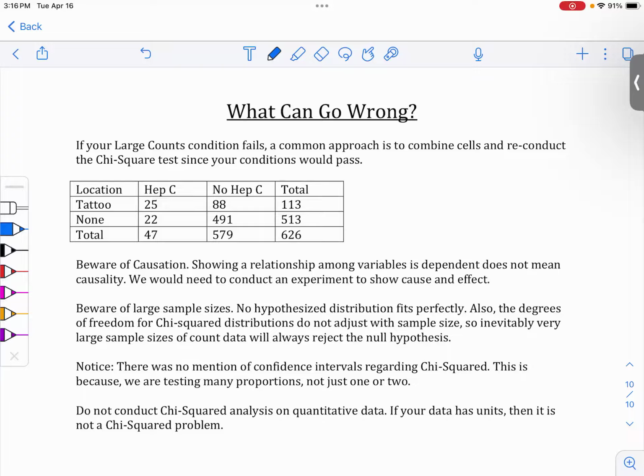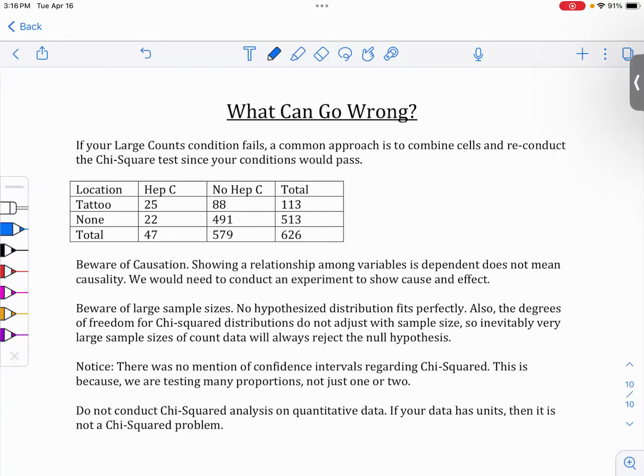And watch out for large sample sizes, because if you get a big enough sample size, you'll always reject H0. But mostly we're not going to have to worry about that too much for our purposes.